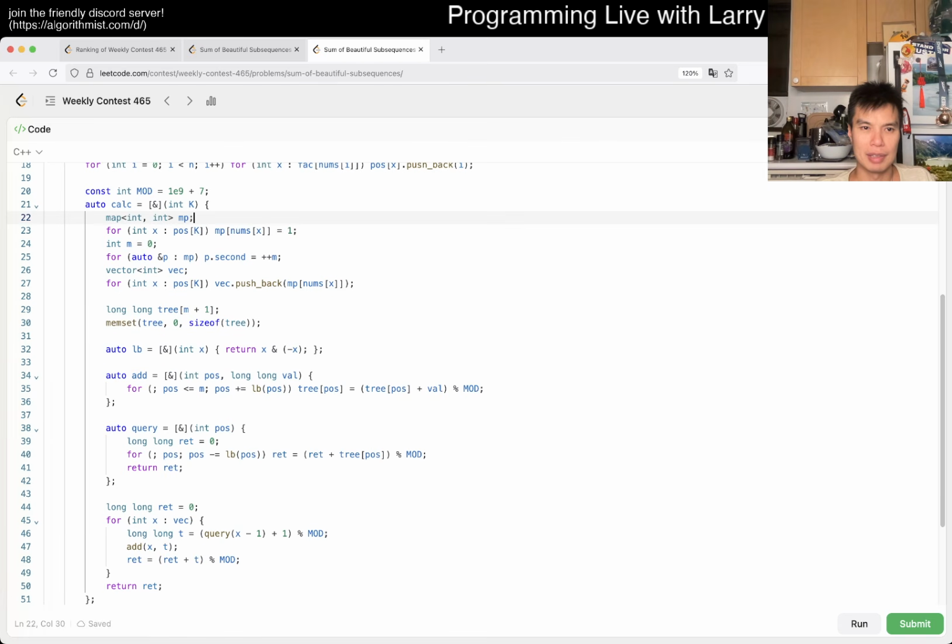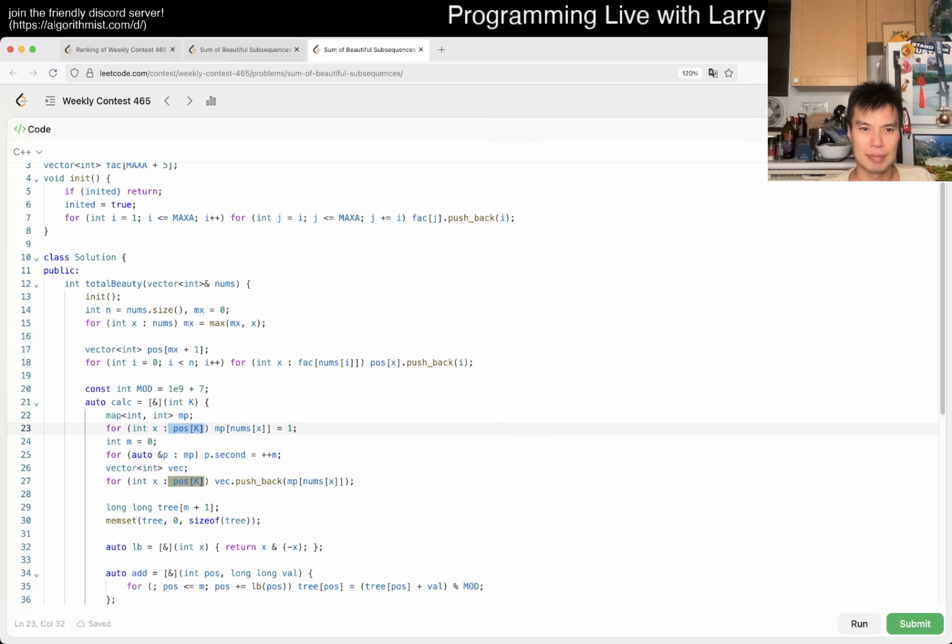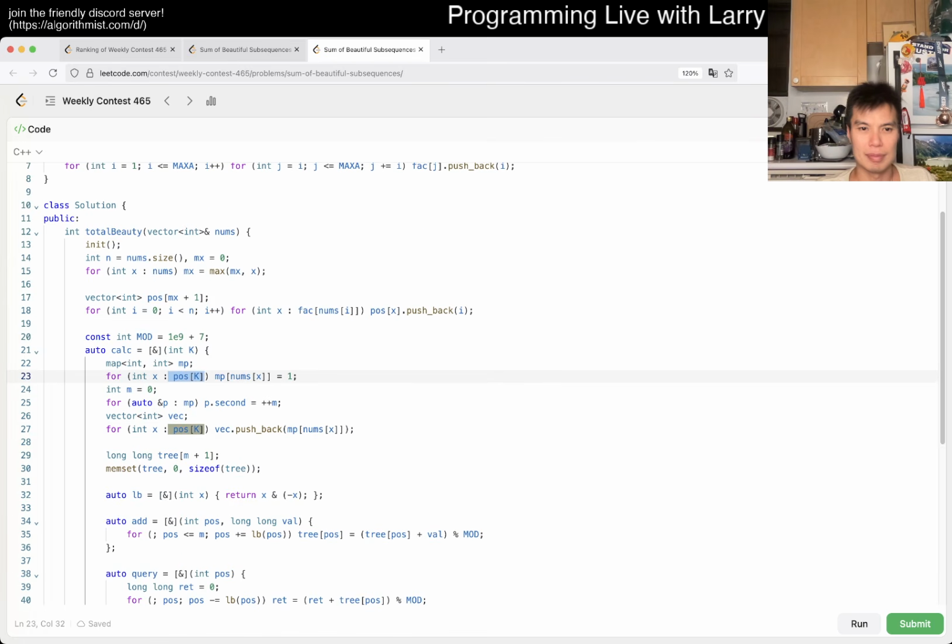We create, for x in position of k. What? I mean, x is an index here, right?